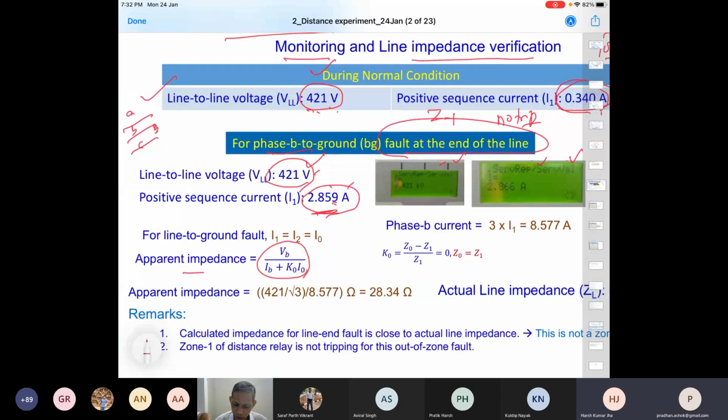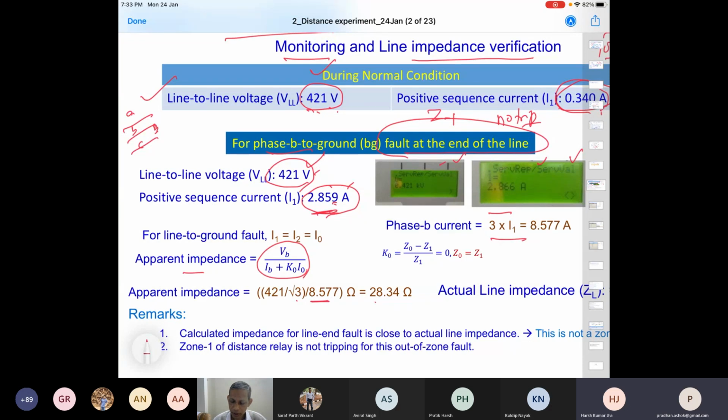So 420 divided by root 3, upon the corresponding phase current. The phase current computed becomes 3 times I1 for a line to ground fault from the data sets, which becomes 8.577.